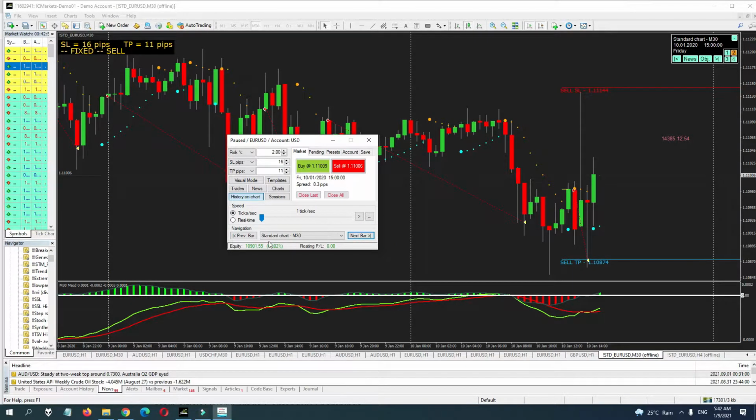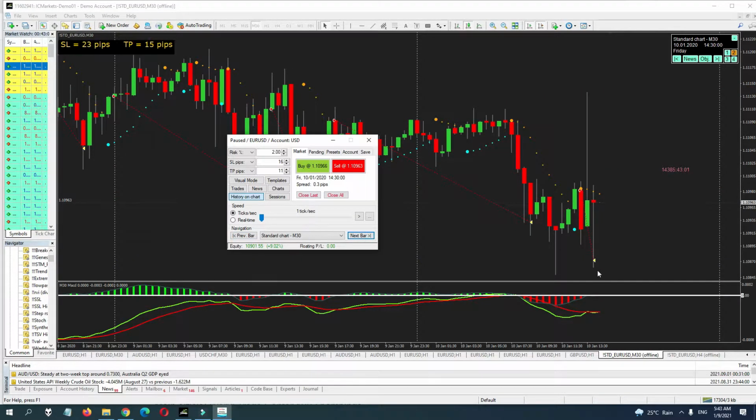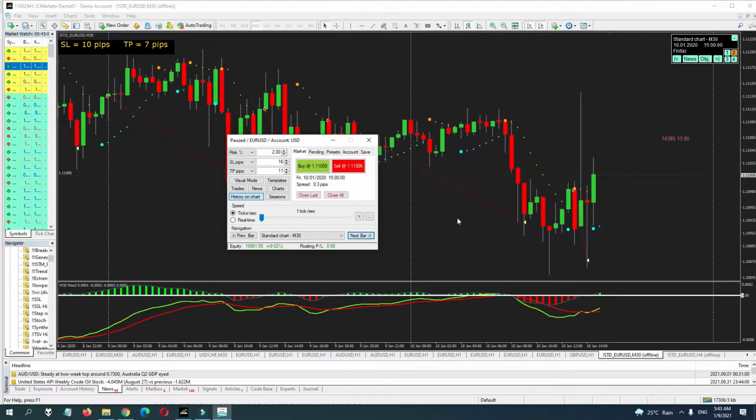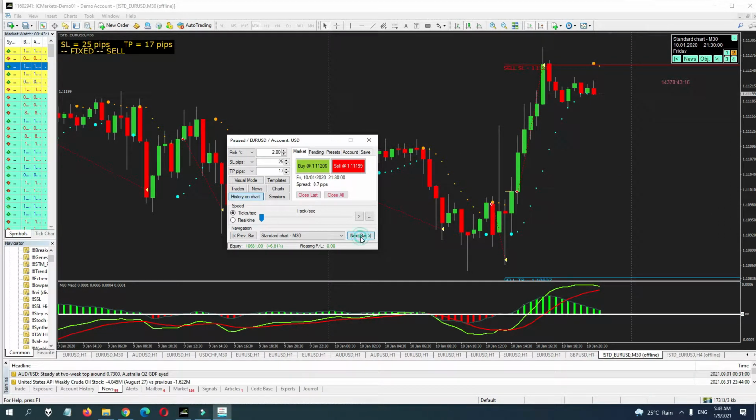We almost got stopped out, but our stop is so huge. So we take profit here. Sell again. When the trend changes, we lose money.